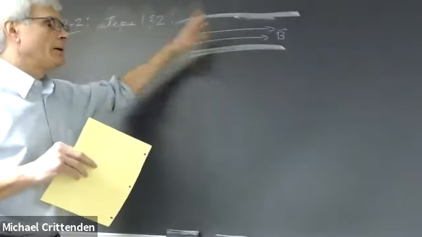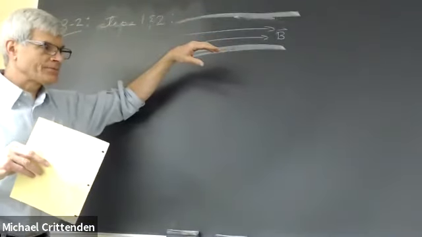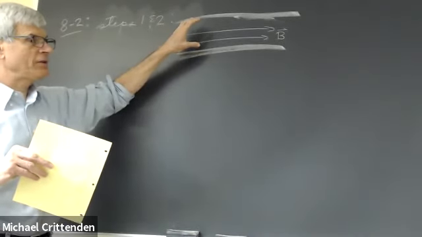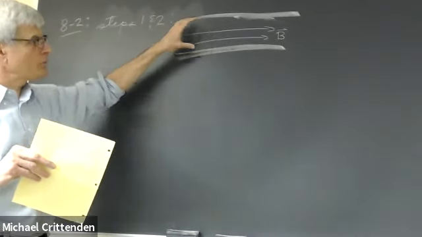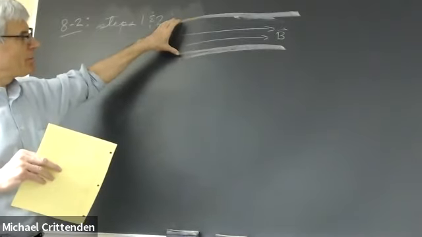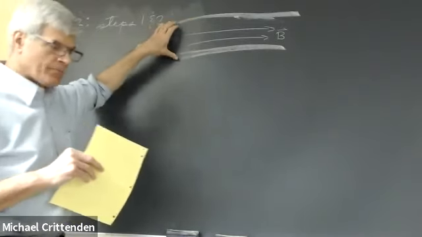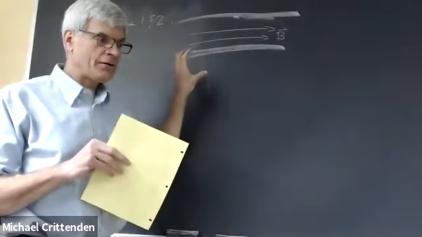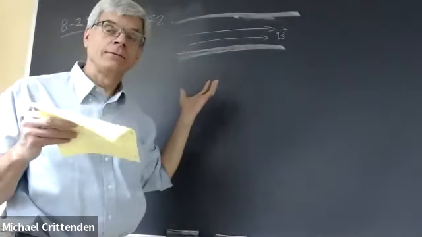But to simplify things, imagine that it's an infinitely long solenoid, which means that if I took the picture and slid it some distance to the right or to the left, nothing would change.